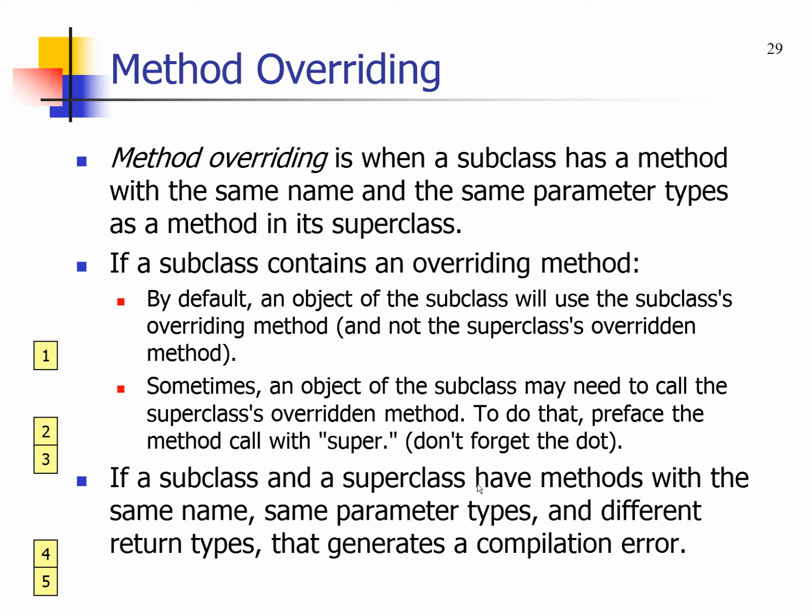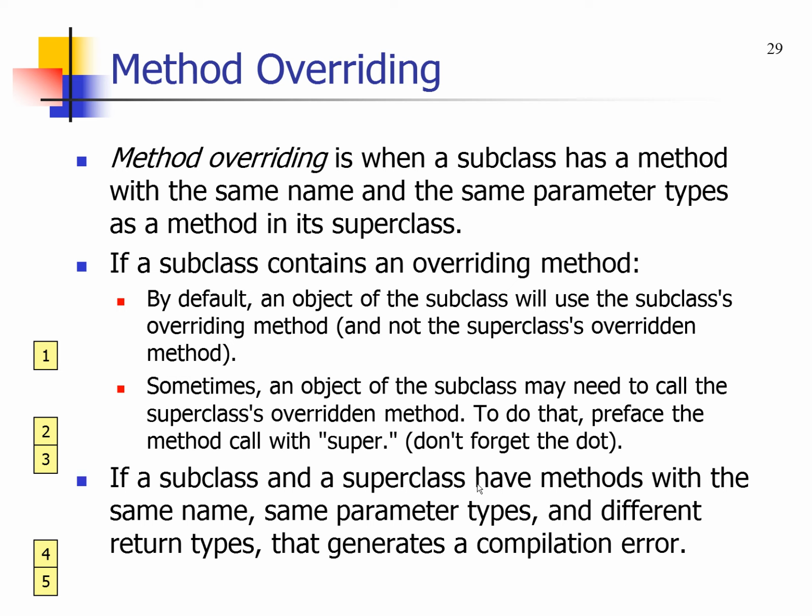Okay, now let's talk about method overriding. It says method overriding is when a subclass has a method with the same name and same parameter types as the superclass. If a subclass contains it, the object of the subclass will use the subclass's overriding method.